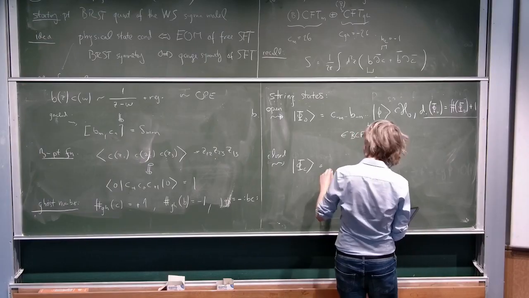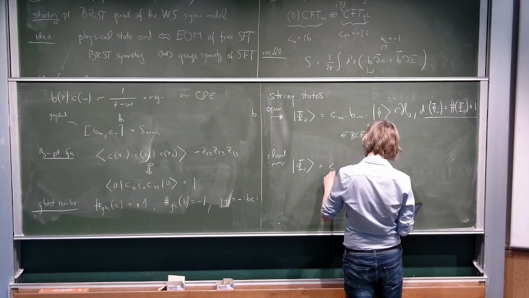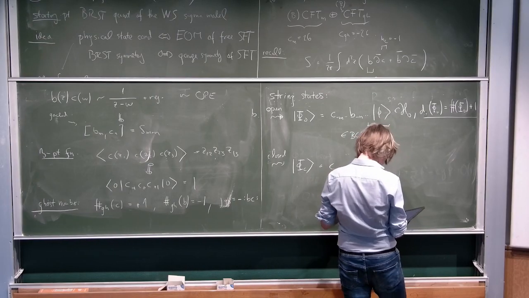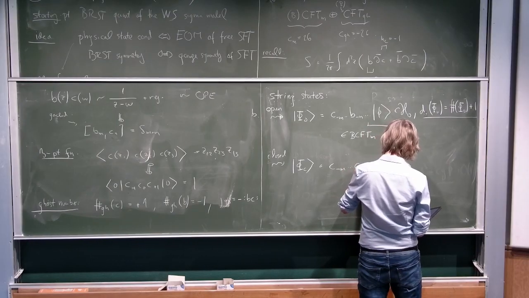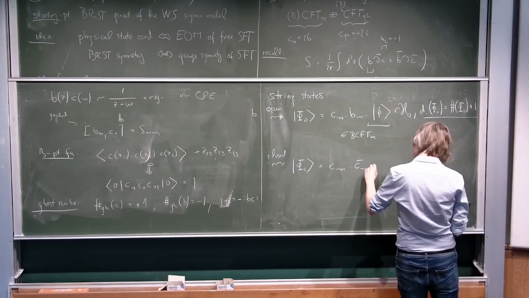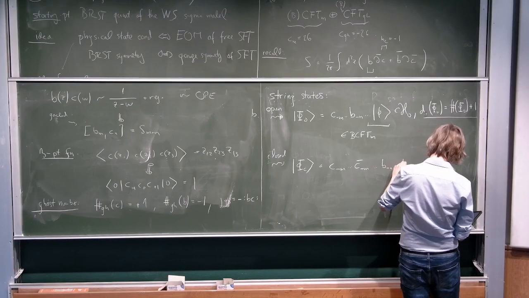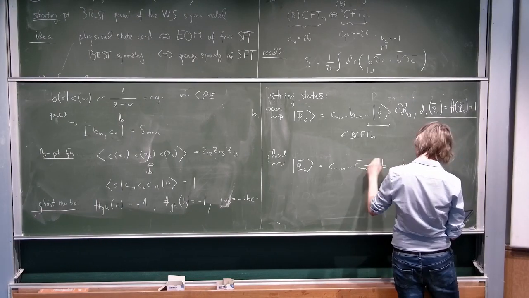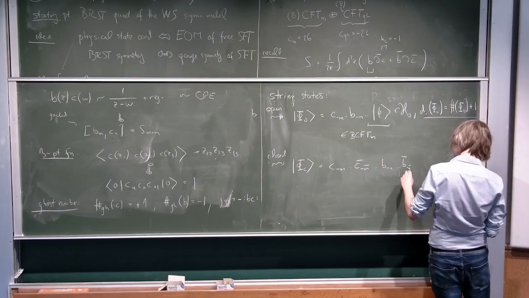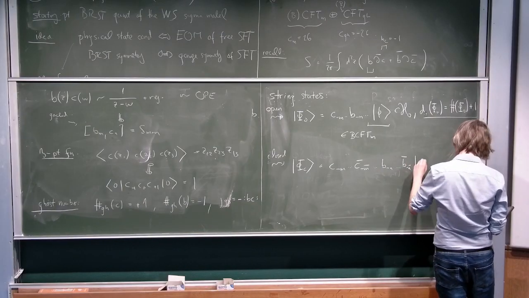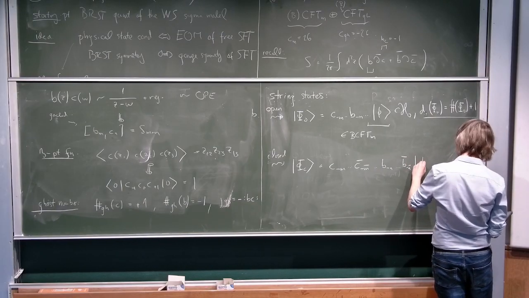But there is an additional complication. So first of all, let me just write down a naive representative, which is just doubling the number of degrees of freedom, basically.